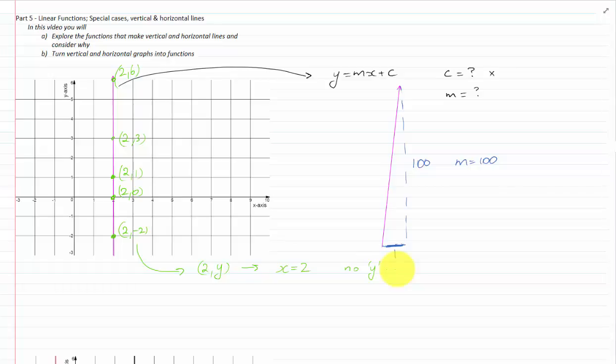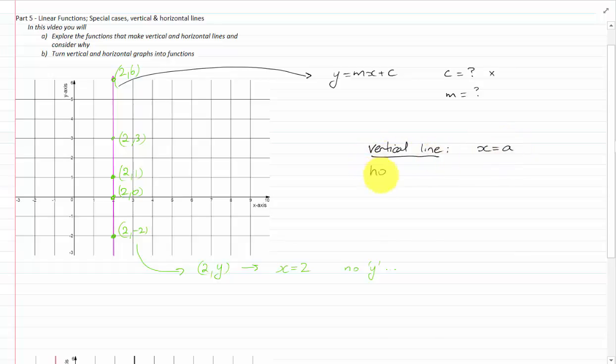So this fits all of our issues and sorts them all out. A vertical line is in the form x equals a, and for the same reason, a horizontal line is in the form y equals b, where a and b are just some numbers.